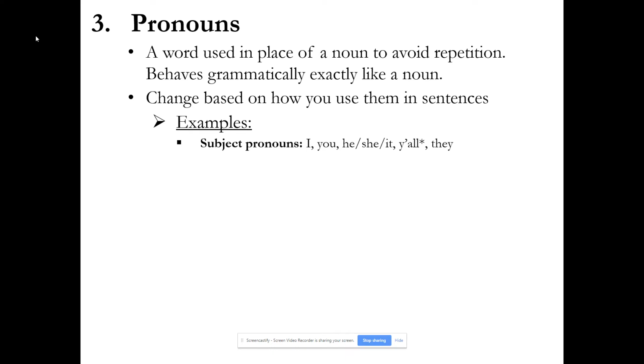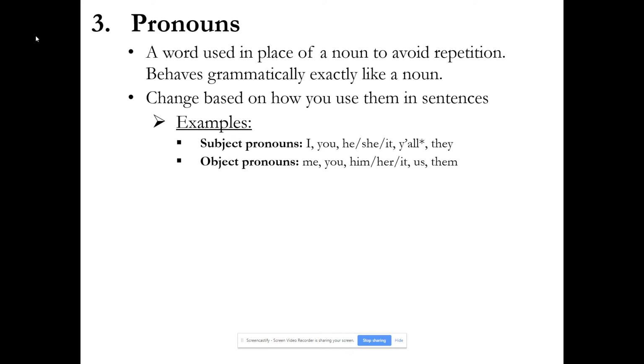But y'all actually does serve an important grammatical purpose in that it indicates a group of people you're addressing and distinguishes it from singular you. Many people who speak dialects of English that incorporate y'all see an important distinction there, and that's the grammatical distinction. It is a plural second person pronoun, y'all.